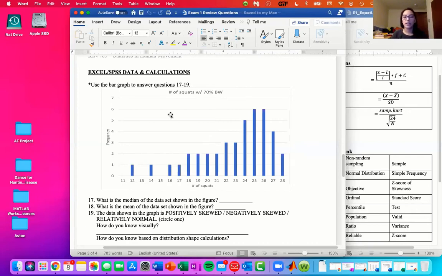But this section primarily represents the activities that you do, and usually ends up having the most points assigned to it on the exam, which is why for studying, I encourage you to redo the activities just to make sure you understand how to copy data, how to freeze cell references, so that you make sure your formulas are calculating what they should be.